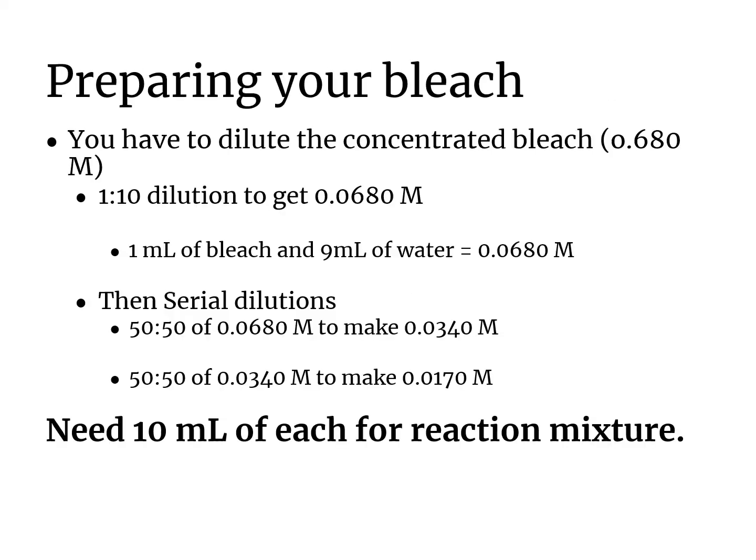To the hypochlorite. Alright, so as I mentioned before, you have your bleach concentrations in 0.068, 0.034, and 0.017. So you realize that this is a double of this, and that 0.068 is a double of the 0.034.